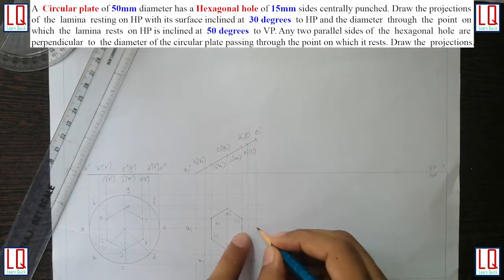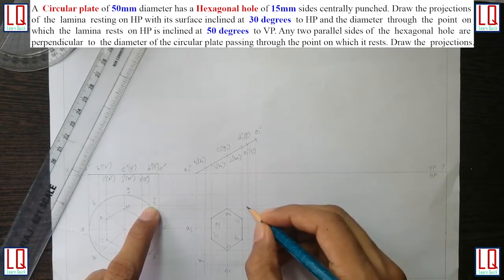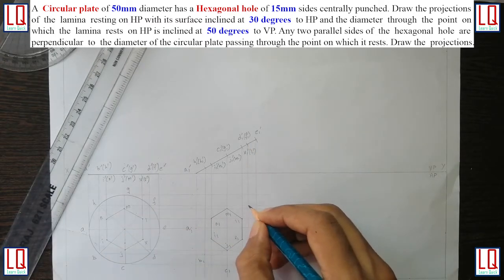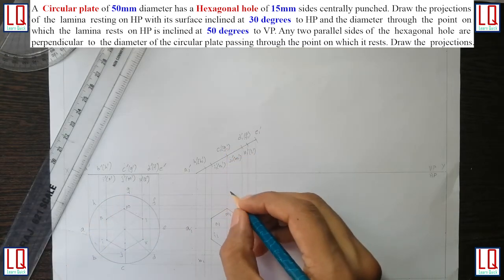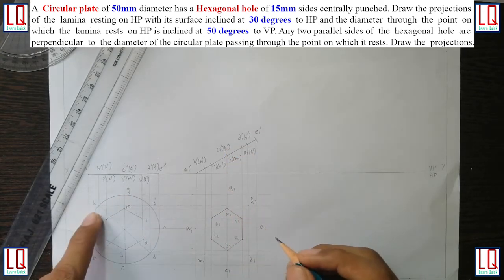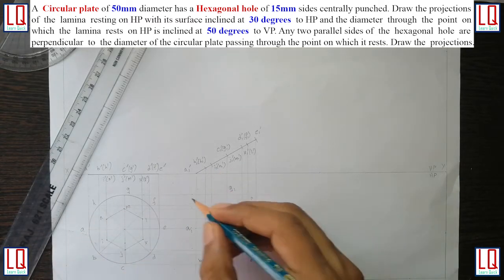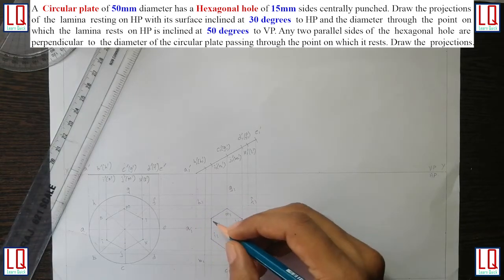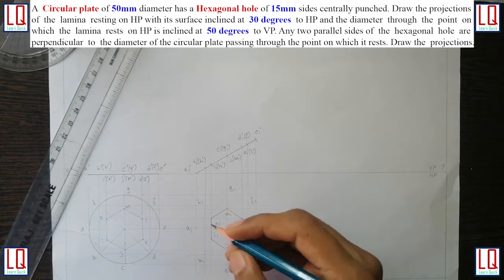E and E1 dash meets here. It's E1. F and F1 dash meets here. It's F1. G and G1 dash meets here. It's G1. H and H1 dash meets here. It's H1. Now join all the points freehand, or you can use your French curves.